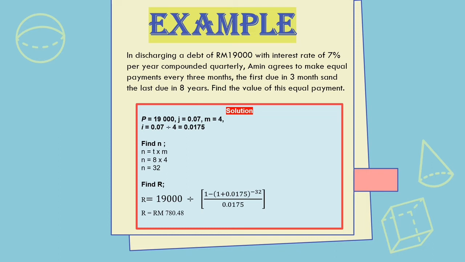So with all the information that we have right here, we can finally find the R, which we also call the periodic payment.